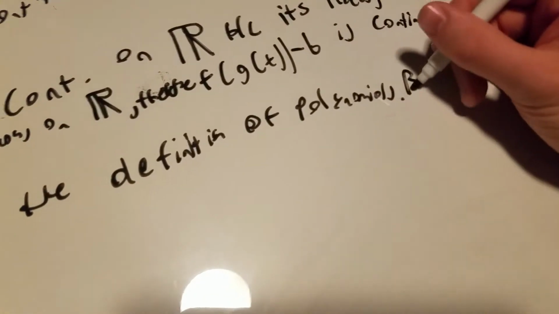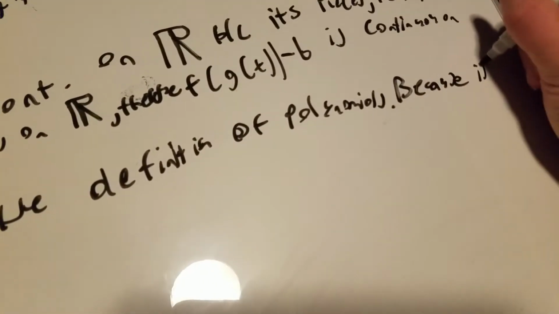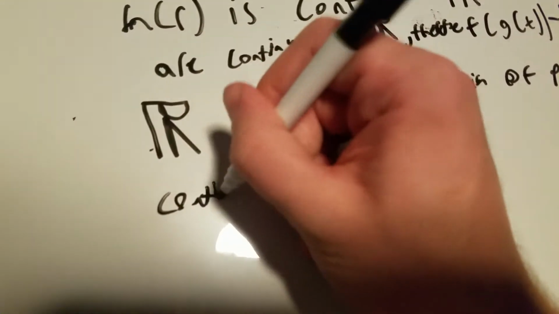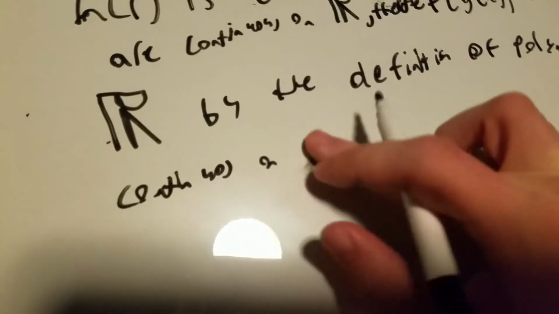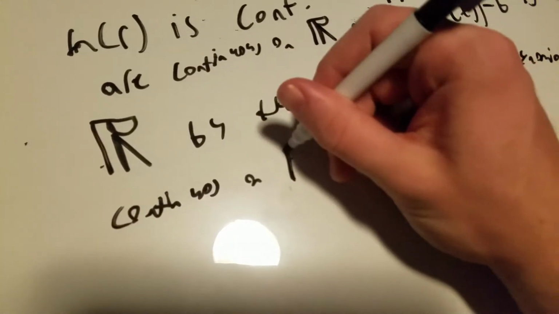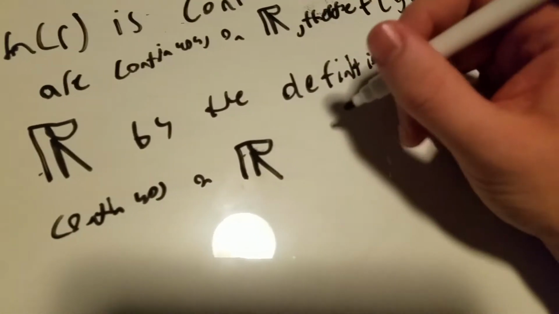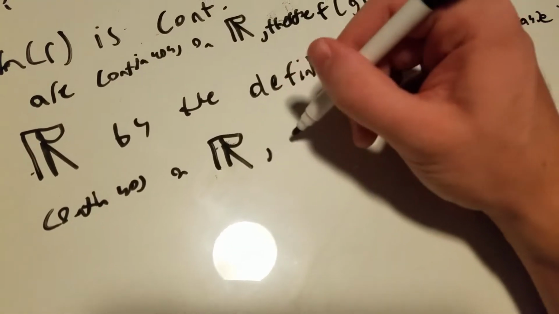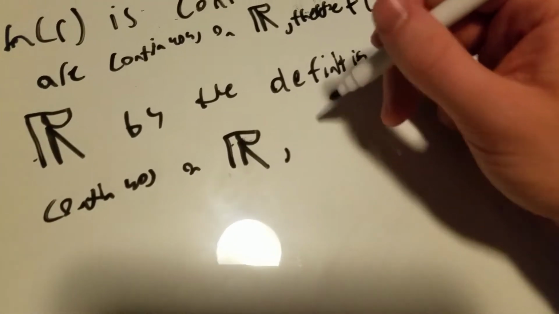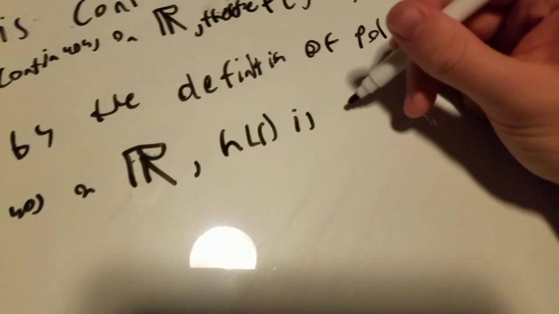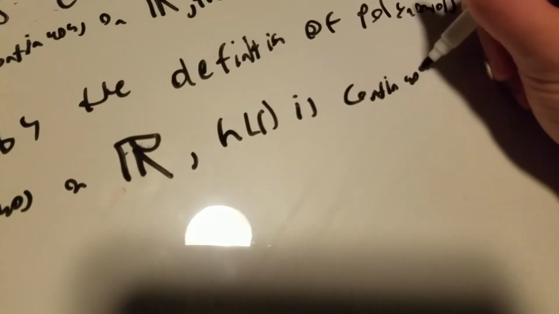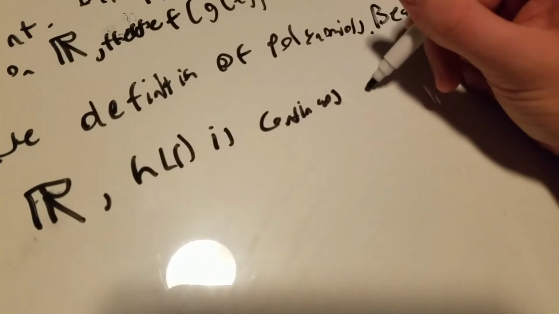And because it's continuous on all, I guess I should probably write the symbol for all real numbers. All real numbers, h of r is continuous on the interval, and there are symbols for this.